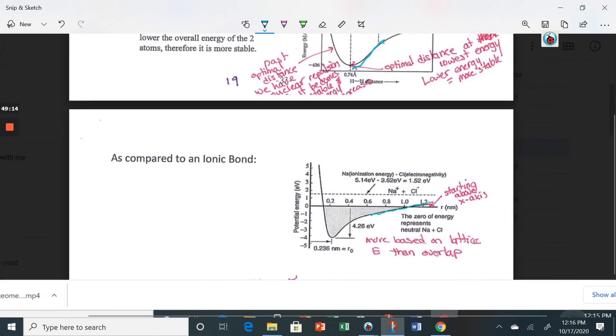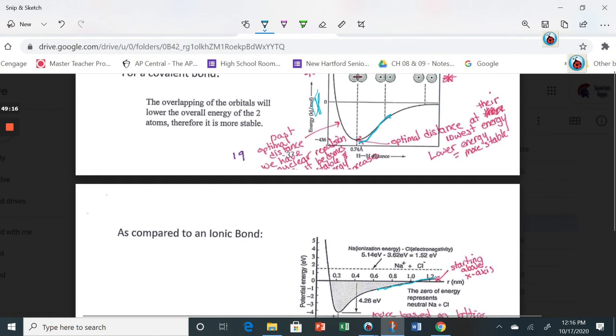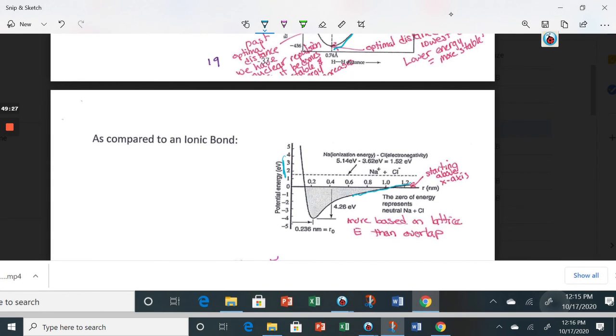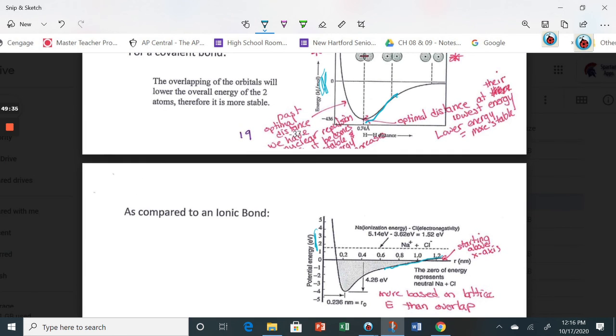I think this one up here is in kilojoules per mole, so don't compare the scales. This one is electron volts, which is another way to measure energy. I couldn't find an ionic one in kilojoules per mole, because they do this by zapping it with electricity to break it out. It's called electrolysis, and that's what they measure. Where up here they can measure it by a different method, and then they measure it with different units.